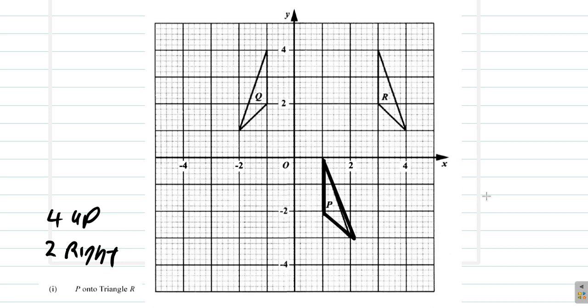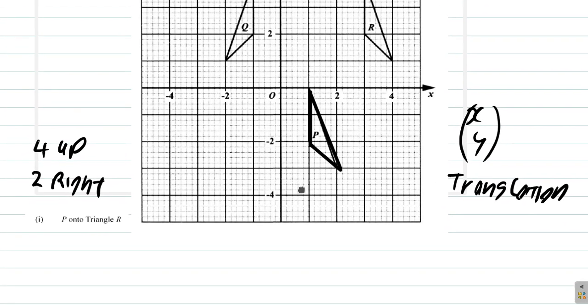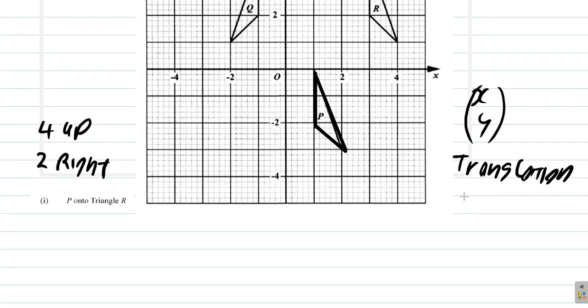What kind of transformation is that? It's a slide, or what they call a translation, in the form (x, y). Remember, x moves left and right: left is negative, right is positive. It moves right, so positive, by 2.